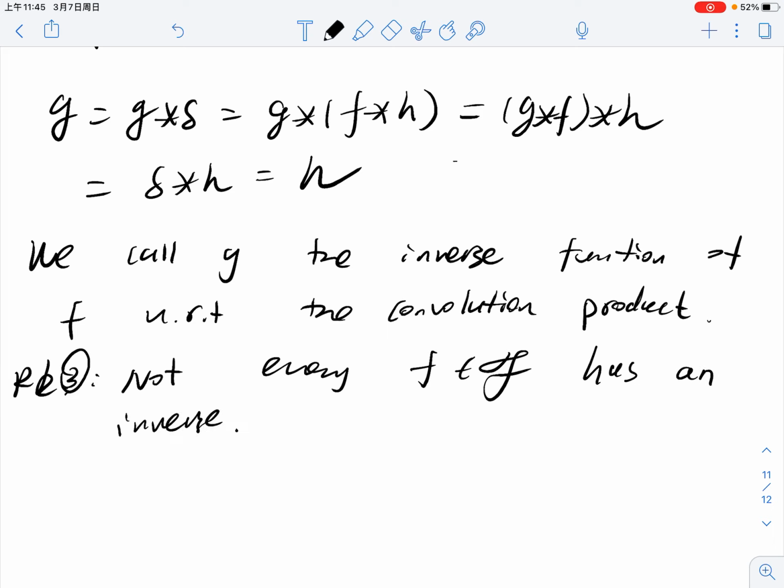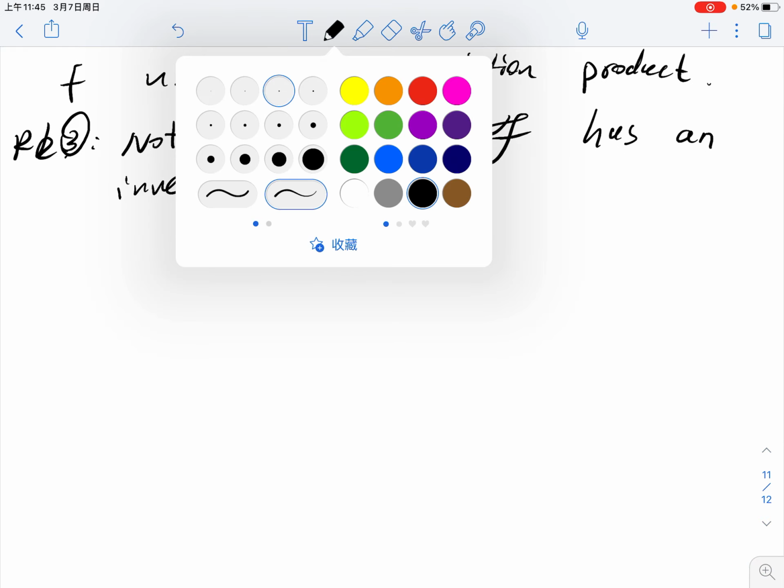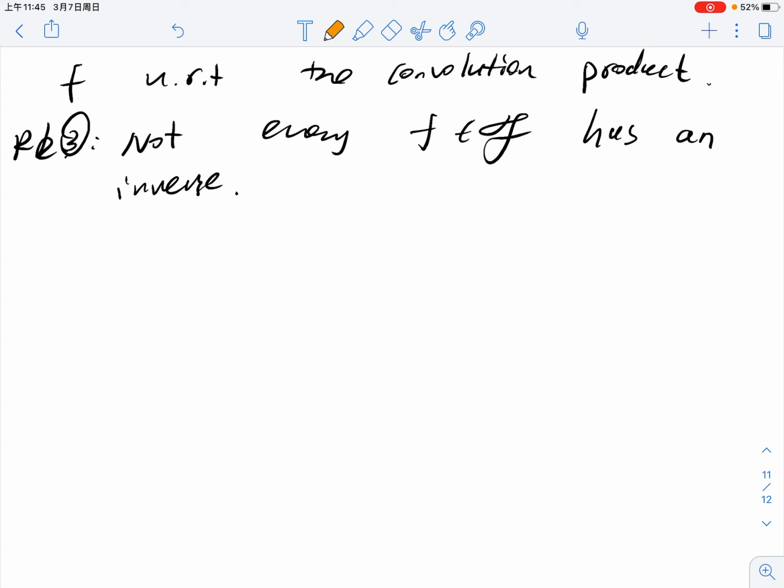This is easy to guess. If each element has an inverse, it's more like a division algebra or a field. For example, 0 in Z does not have an inverse.